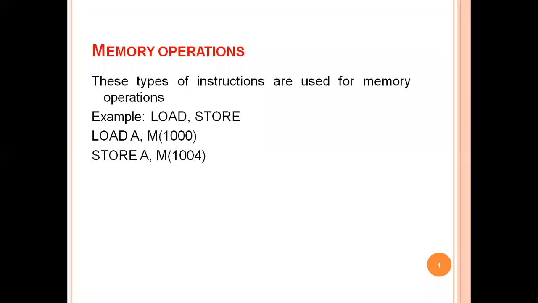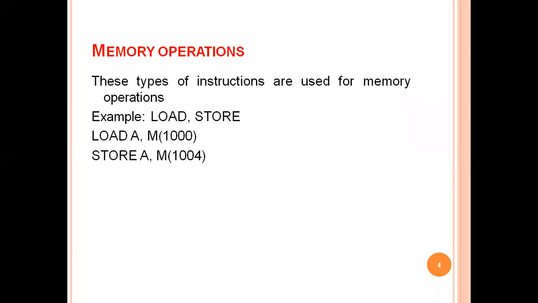What is the meaning of that? First instruction, LOAD A, M1000. The meaning of this is that the data stored in memory location 1000, where 1000 is the address of the memory location, will be loaded into register A. Again I am repeating, the data stored in memory location 1000 will be transferred to register A. This is the meaning of the load operation.